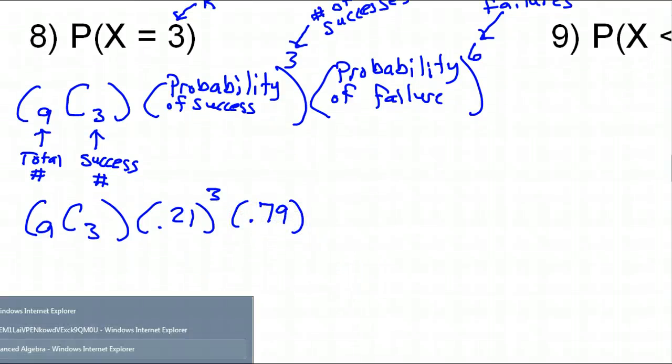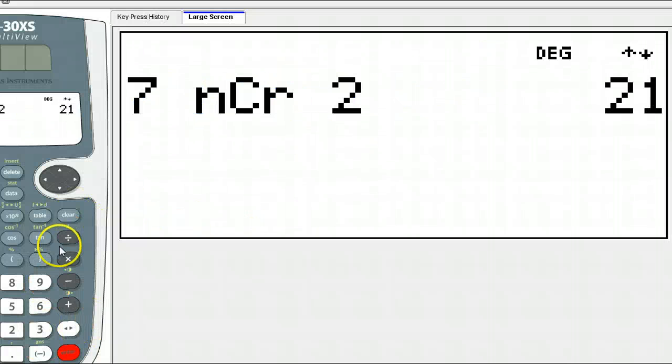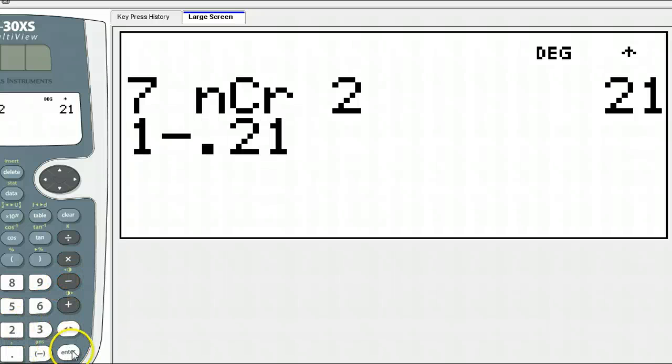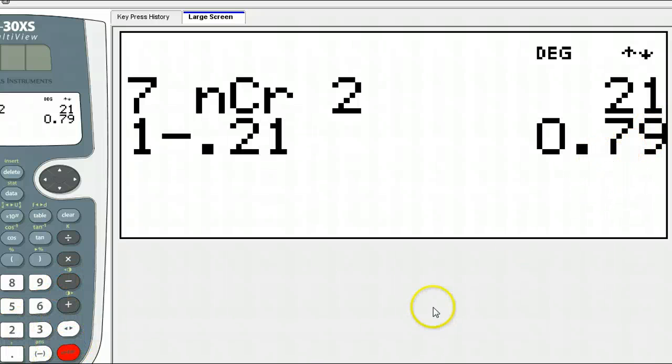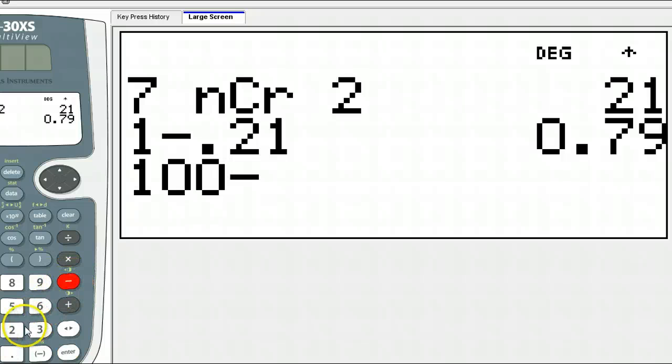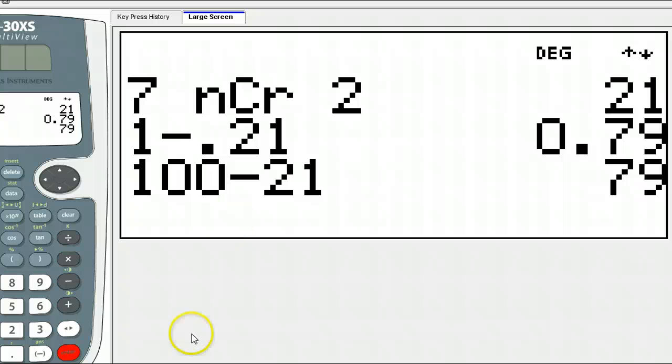I'm getting that because if I do 1 minus 0.21, I get 0.79. Think of it as 100% minus 21%. That's going to be 79%. It's the rest of the percent.